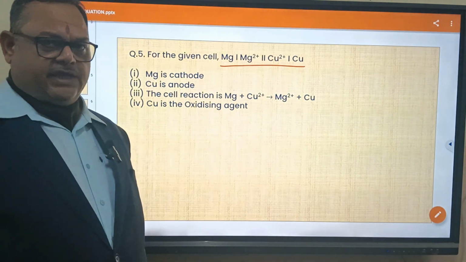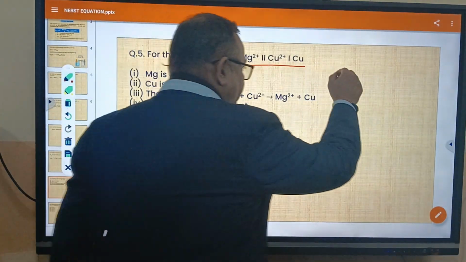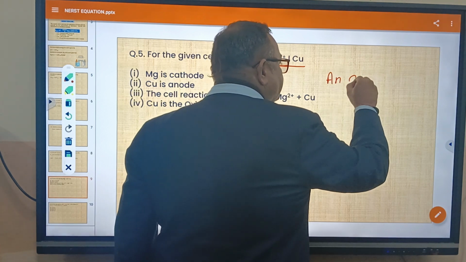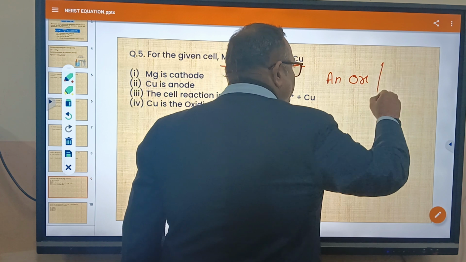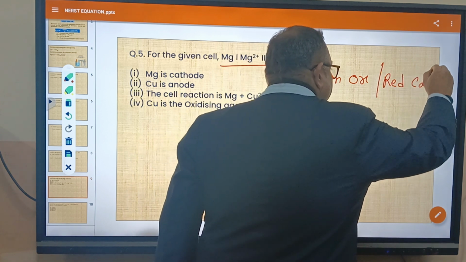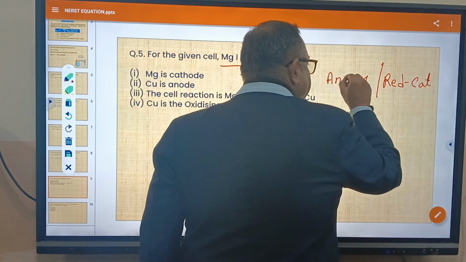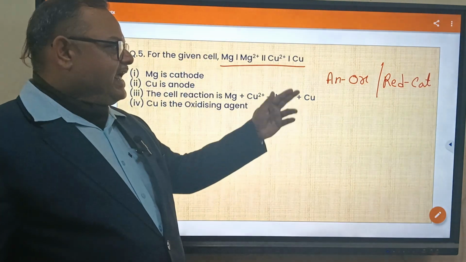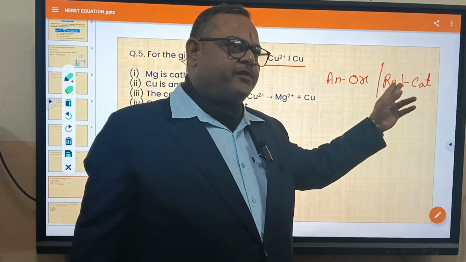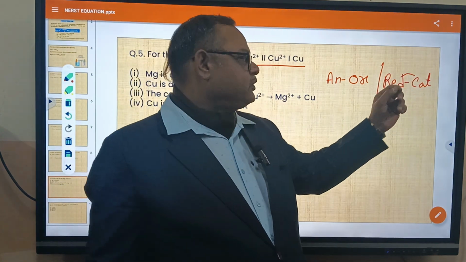And children, I give you an easier formula to remember: an ox and red cat. An for anode, ox for oxidation, and red for reduction, and cat for cathode.